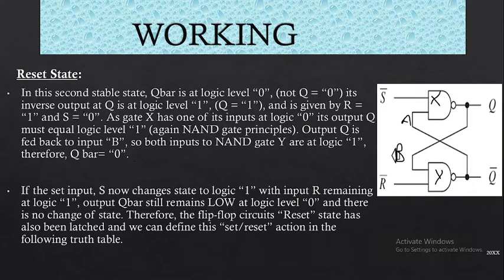Now let's move forward to the reset state of an SR flip flop. The reset state is the second stable state of an SR flip flop, where Q is at logic level 0 and Q bar is its complement, so it's at logic level 1, and it is given by R equals 1 and S equals 0.